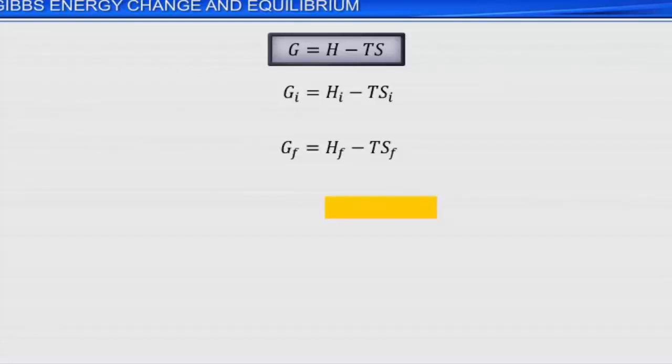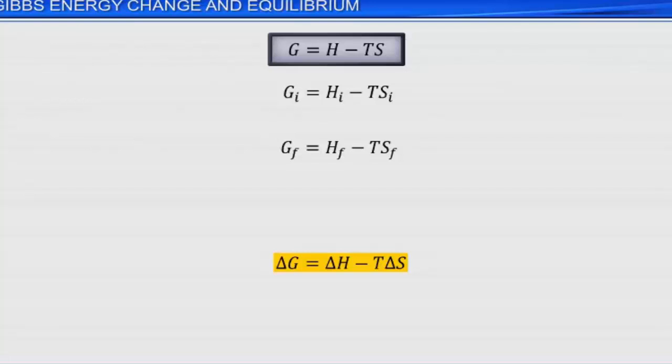That is, delta G equals delta H minus T delta S. This equation is known as Gibbs-Helmholtz equation or Gibbs energy equation. Let's see how Gibbs energy is related to spontaneity in irreversible reactions.